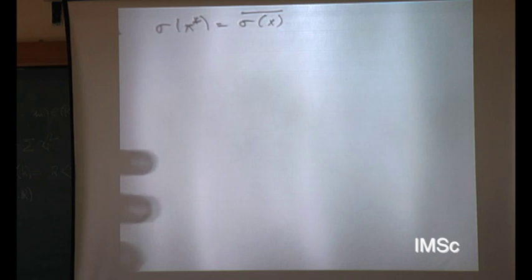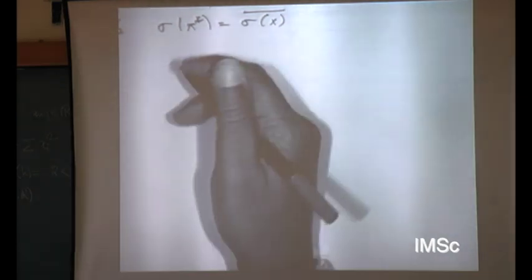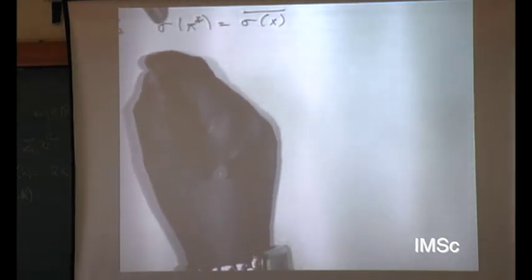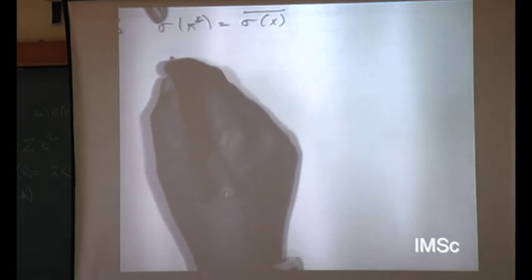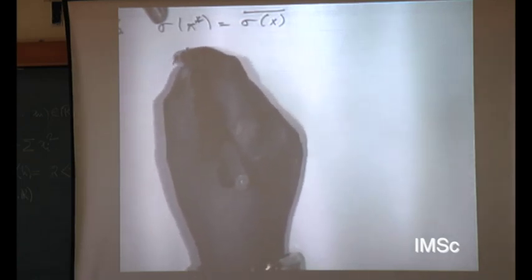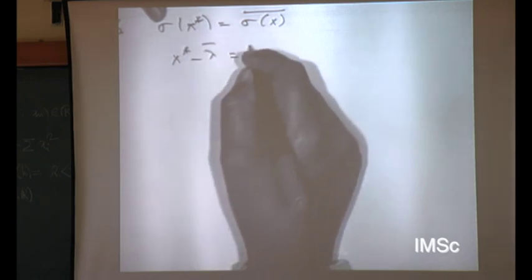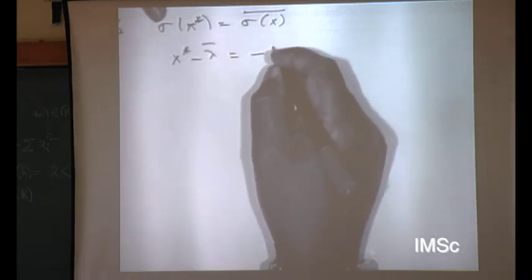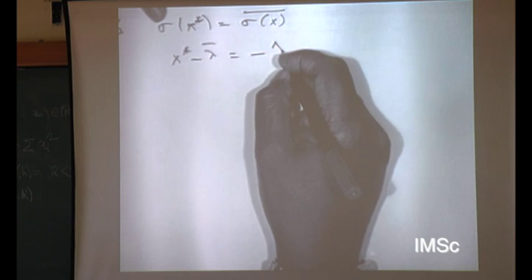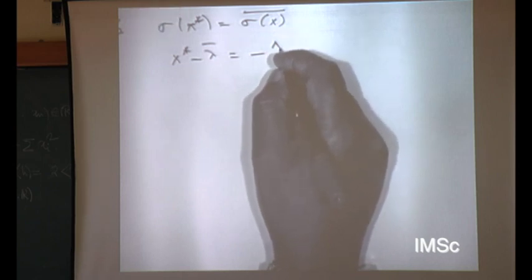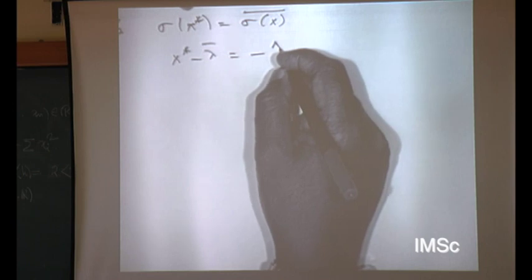So lambda is to take x star minus lambda bar. x star minus lambda bar you write as x minus lambda whole star.